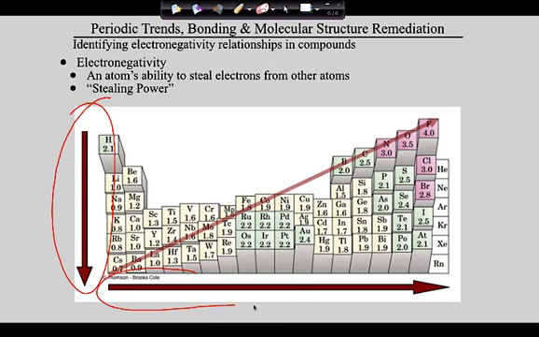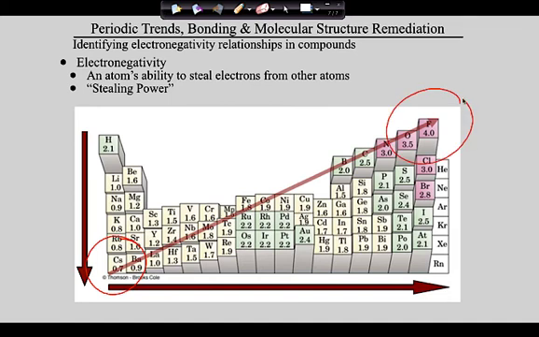Then notice as we go from left to right across a period, these elements actually get stronger. So what that means then is that the weakest elements on the periodic table are in the bottom left corner, and the strongest elements are in the upper right-hand corner.